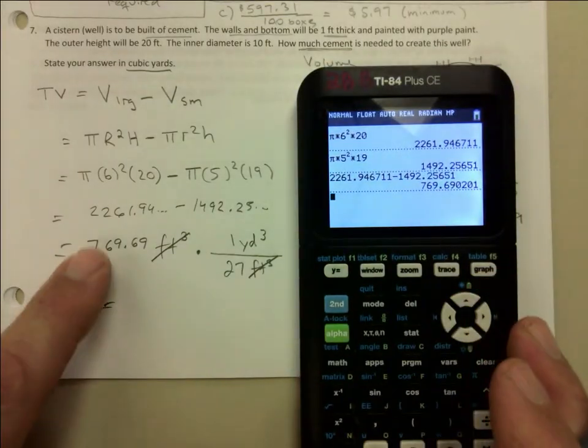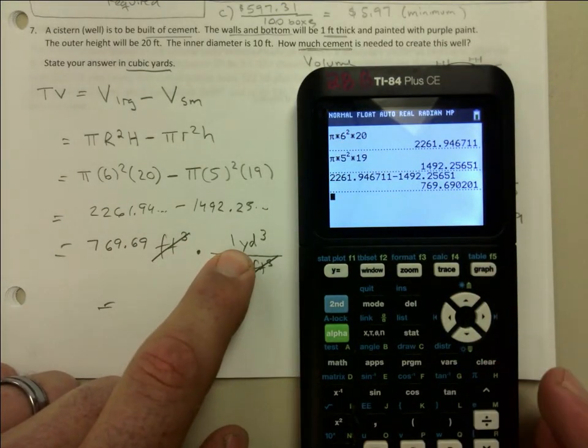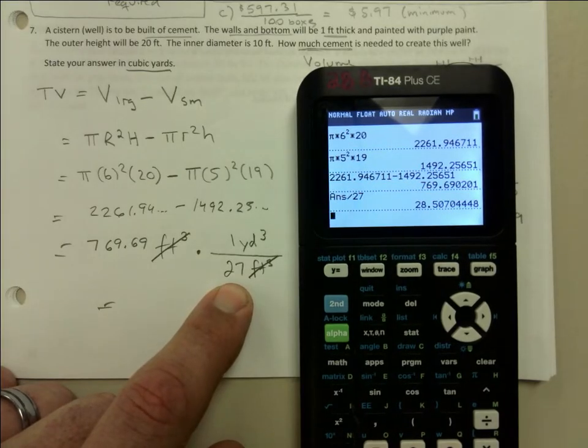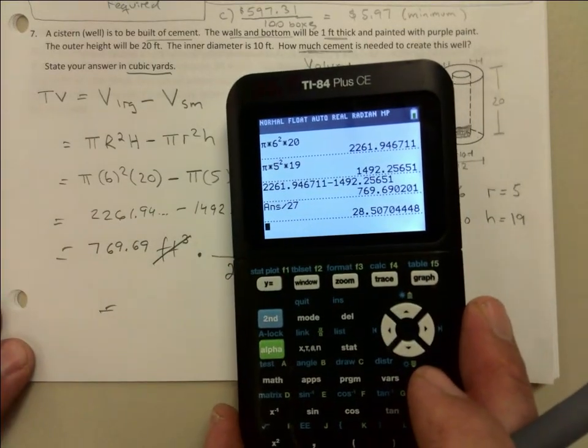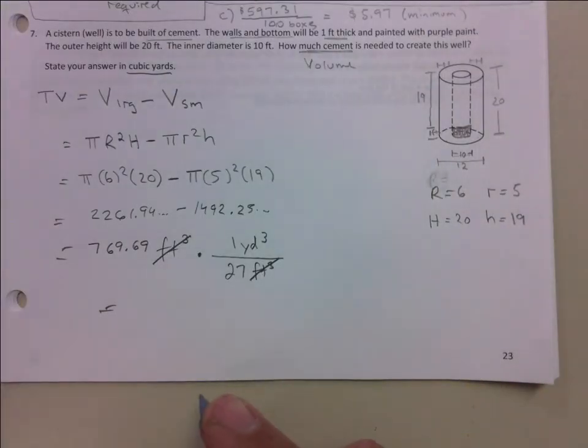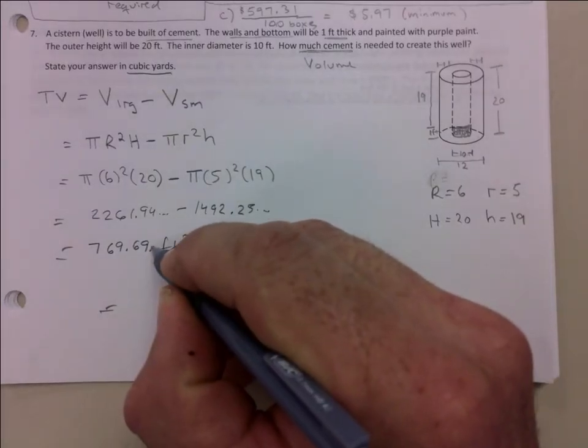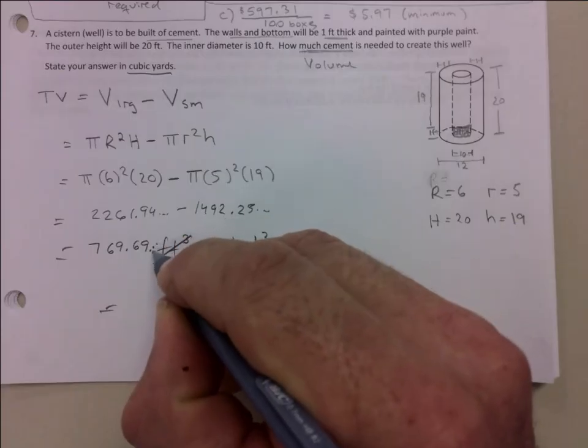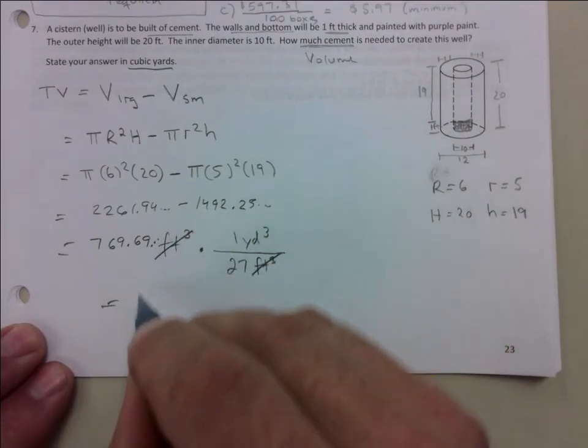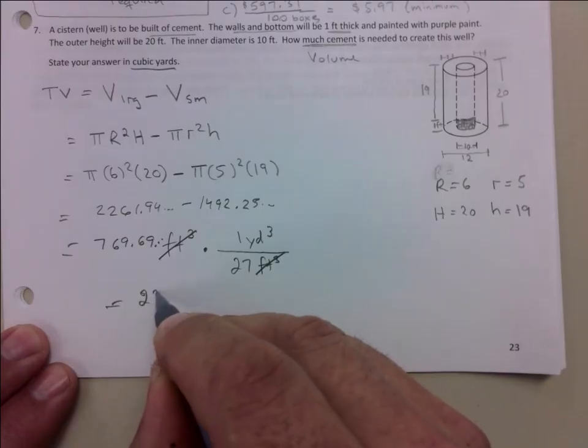So basically what you need to do is this times 1, which is irrelevant, divided by 27. So it's 28.51. I actually made a mistake by rounding too soon here. But I'm just going to go dot, dot, dot, okay? Over here. And then this is where you would round.